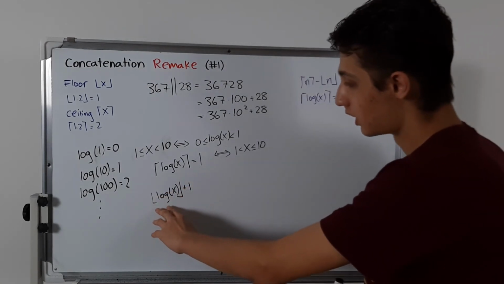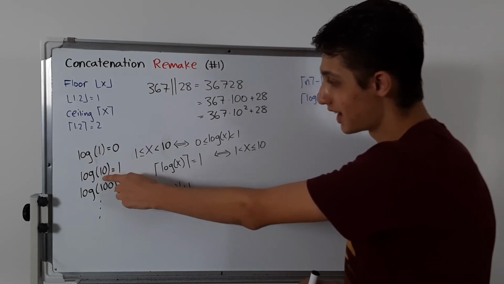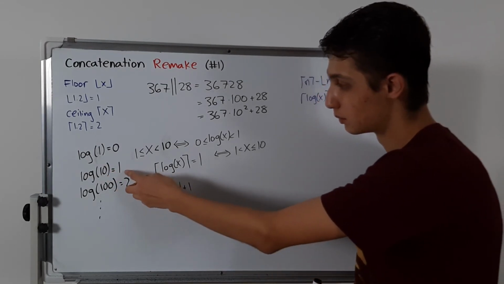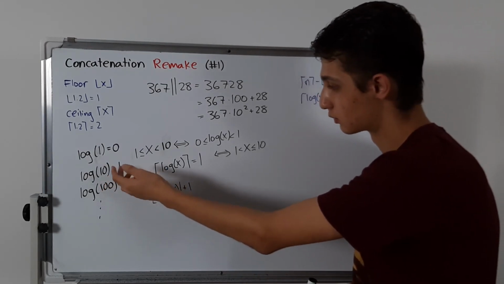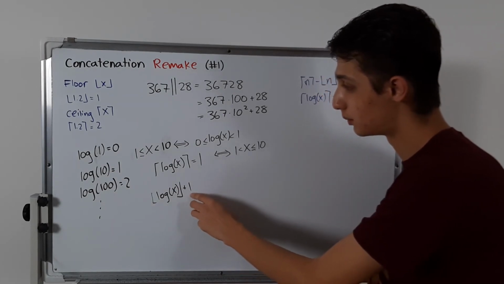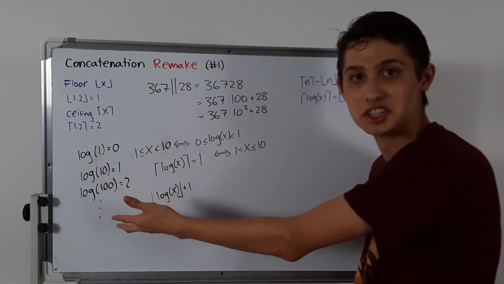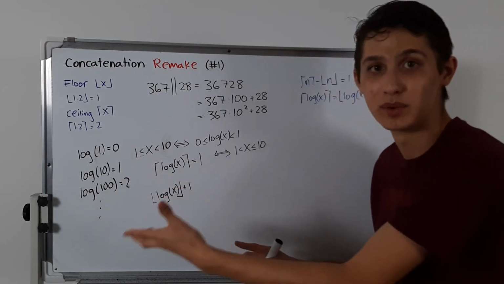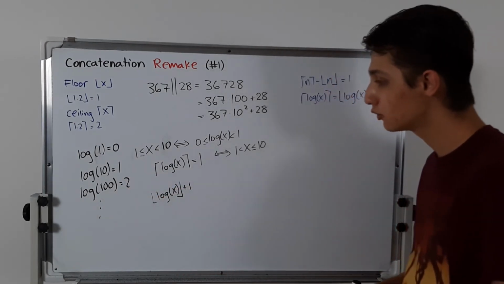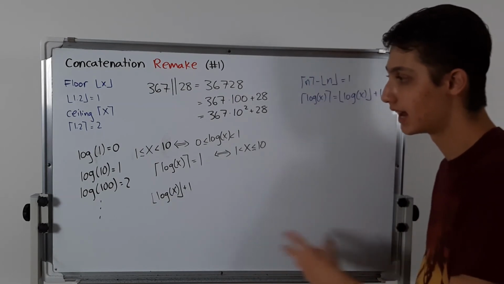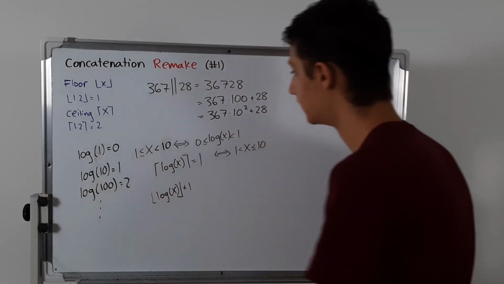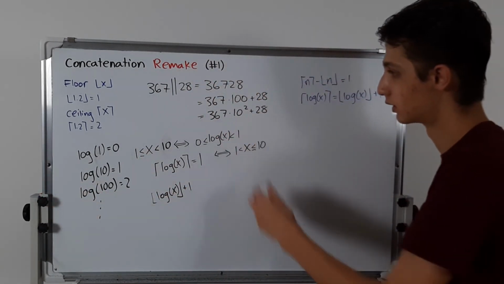If we do the log of 10, the floor of that is just 1 still, because log of 10 is 1, floor of that is 1, plus 1 is 2. And that's that, because 10 is a 2-digit number. So that's exactly what we want. So pretty much this works. And again, same thing between 1 and 2, right? And so in this case, it's going to be like that.